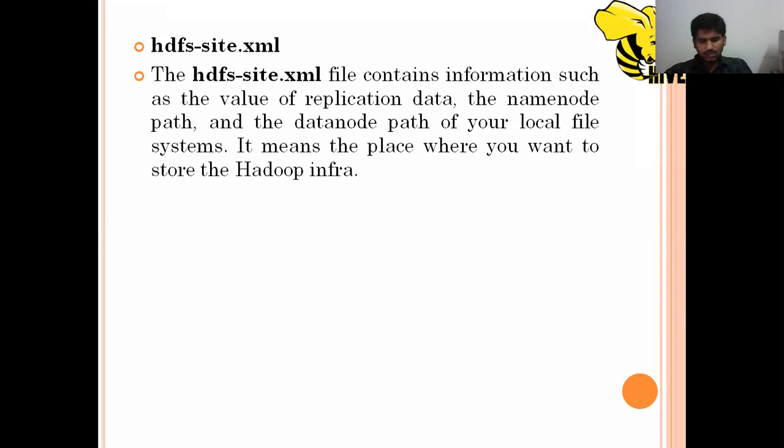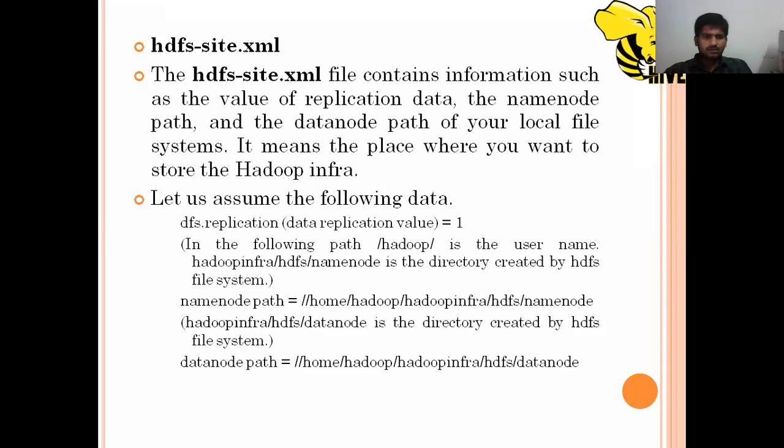This one is configured the same way, with the configuration tag open and close. Let us assume the following data. dfs.replication is the distributed file system data replication, and its value is 1.